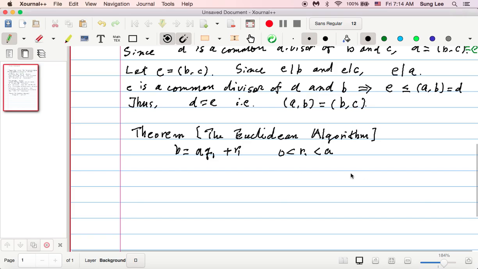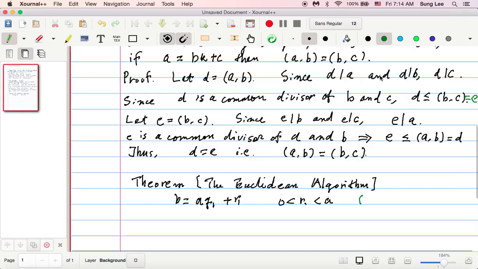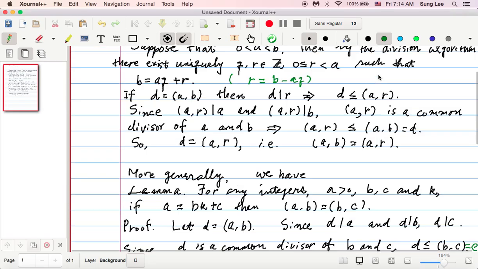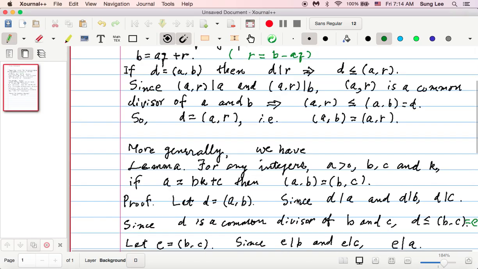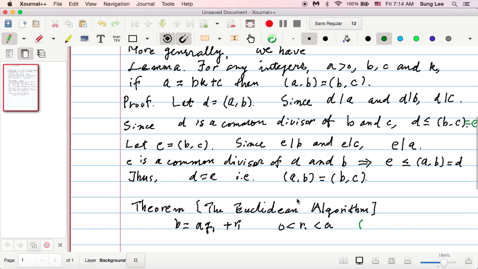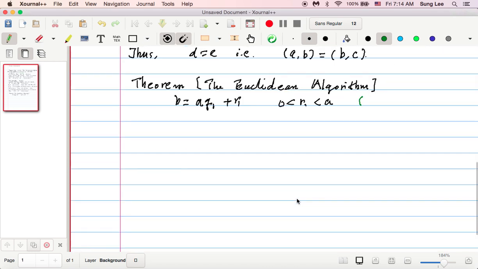So from this, what do we know? I'm going to use a different color. By successively applying the lemma, or actually, we don't even have to mention the lemma, what we already discussed in terms of the division algorithm, what we know here is the greatest common divisor of A and B equals the greatest common divisor of A and R1.